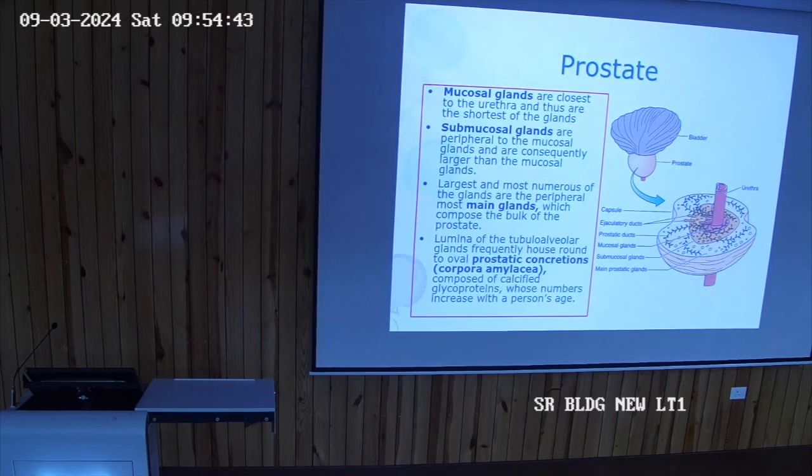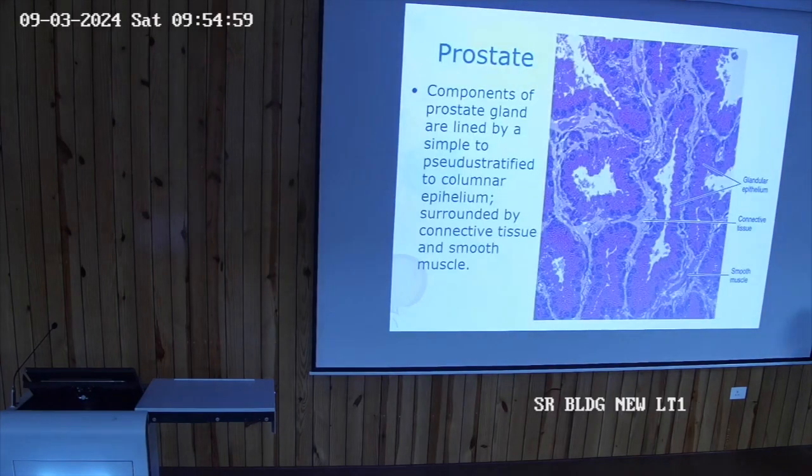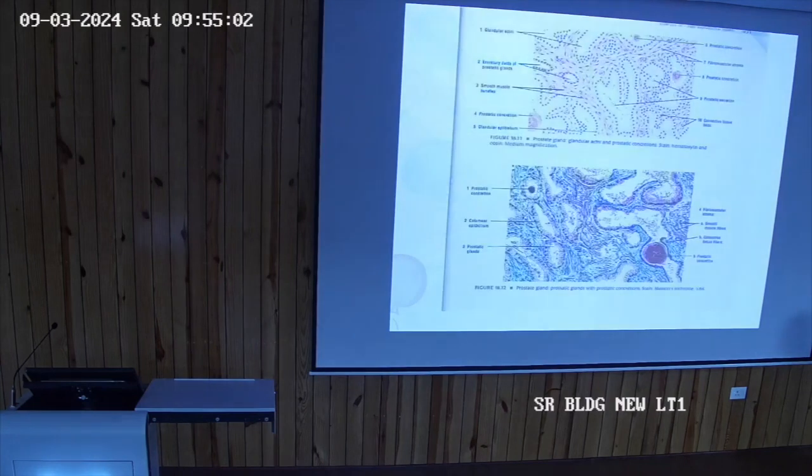And in the surrounding, what you are going to see is fibromuscular stroma, which is filled with collagen fibers, elastic fibers, and smooth muscle cells, which are required for the contraction of this alveolar gland to discharge the fluid into the prostatic urethra.